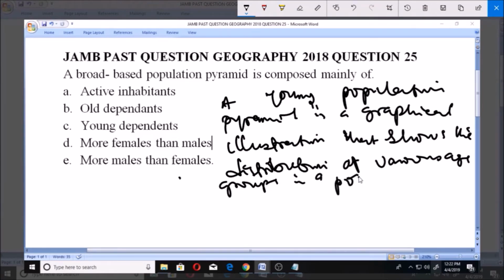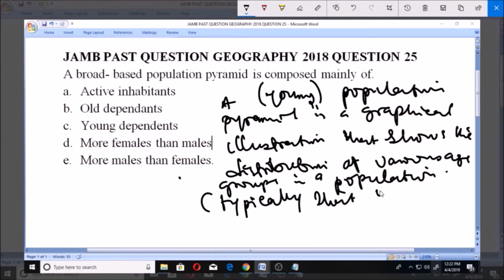That is what a population pyramid is. Typically it is that of a country, but it could also show the age distribution of a region of the world.